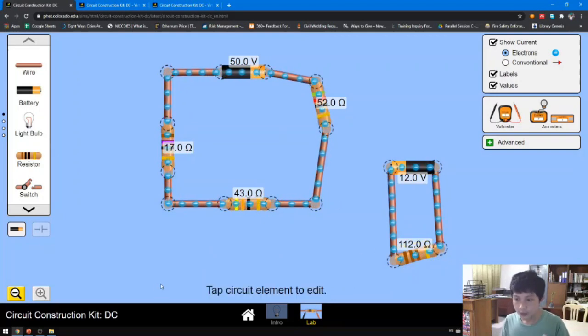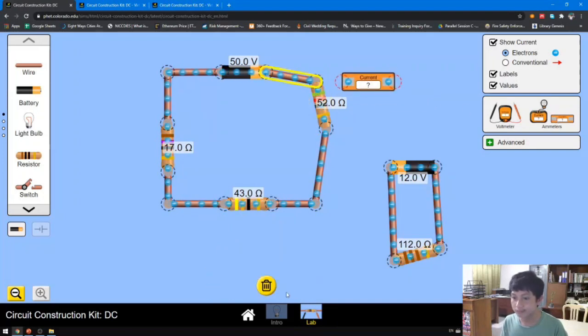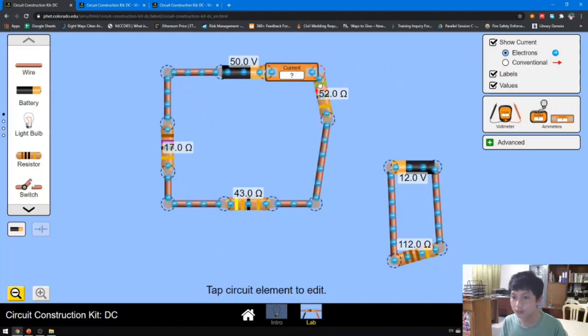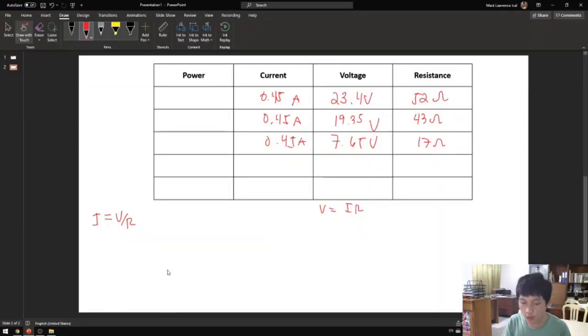Alright, so let's check. Our voltage is 50 volts, and our total resistance is 112 ohms.